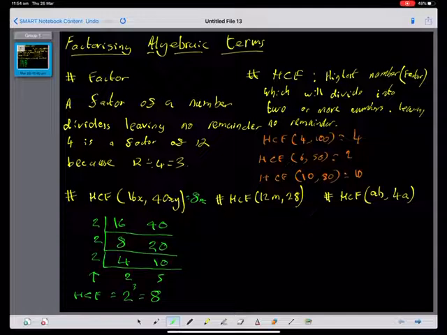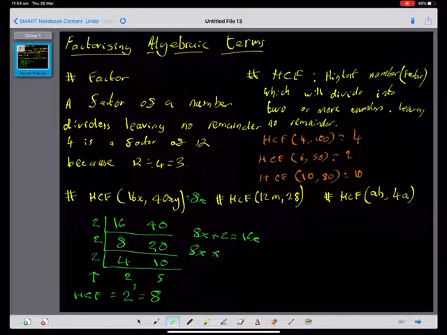So the factor can be multiplied to make each of the numbers. Okay, so 8x can be multiplied by 2 to get 16x. And the 8x can be multiplied by 5y to get 40xy.